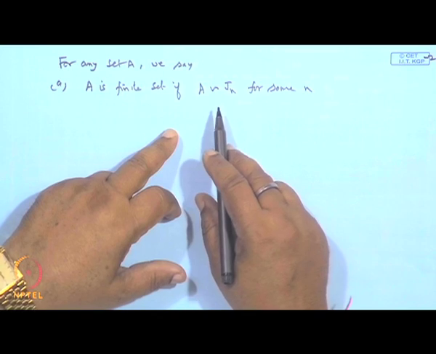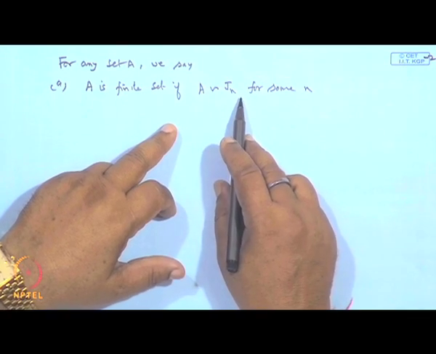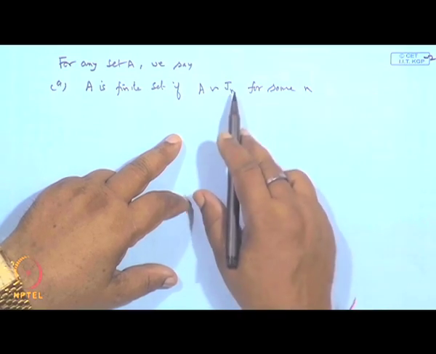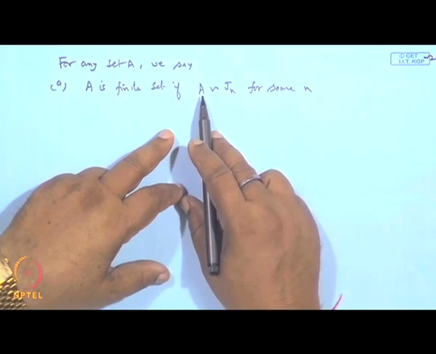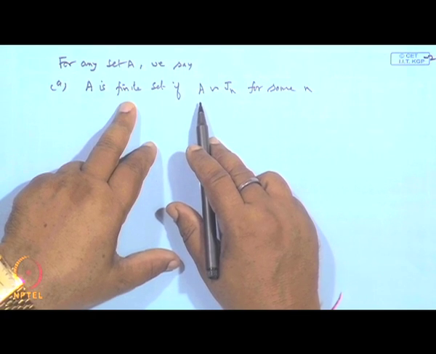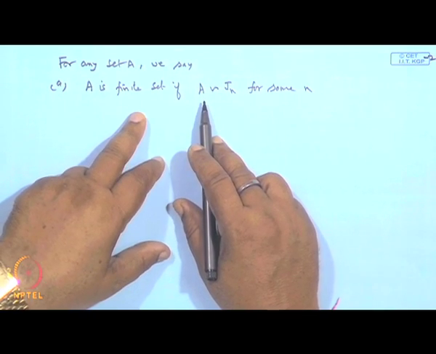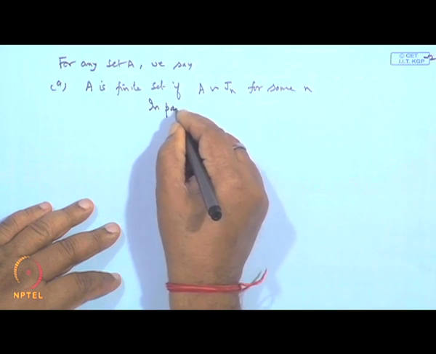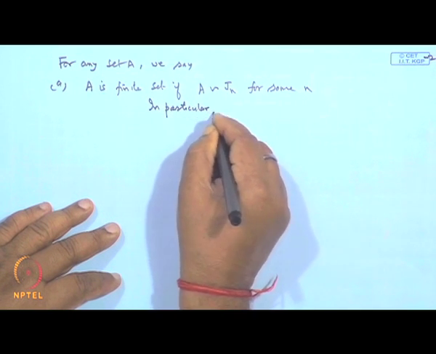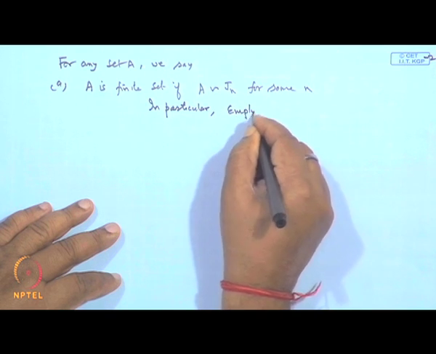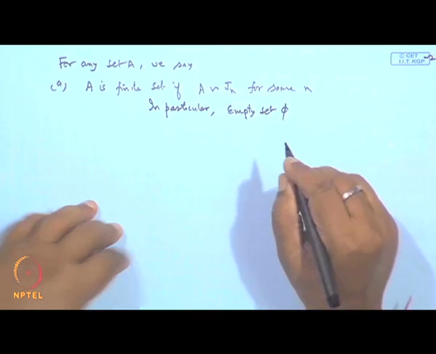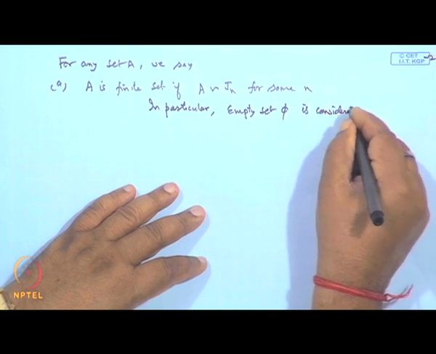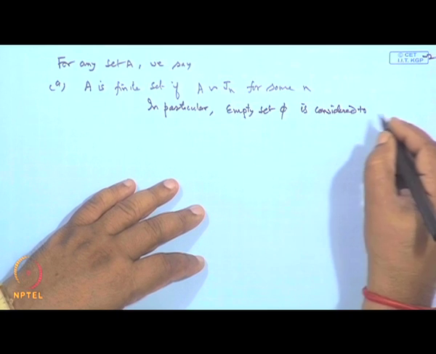Obviously, once it is equivalent to some J_n, then n is fixed. So, J_n is finite, the number of terms is n only. So, A will also be finite under one-to-one correspondence. The empty set phi is in particular considered to be finite.